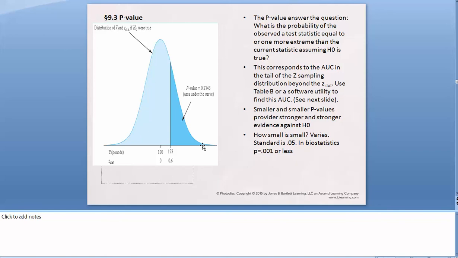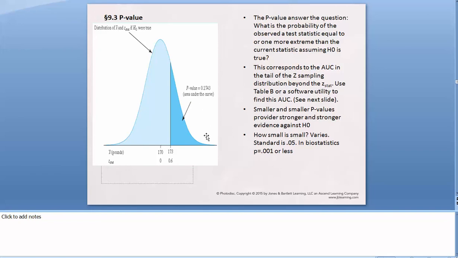If p is small, then HA is probably true, because if H null is true, p has to be much closer to this side. This dark shaded area will be very much to this side, and p will keep on increasing.